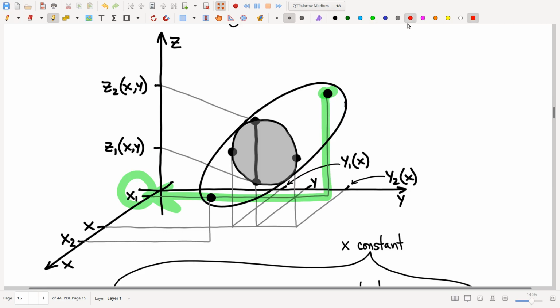And where's my last slice? Well, as I'm doing these vertical slices perpendicular to the x-axis, there will be a last one, maybe there, and that will give me my x2. It's just like with double integrals, just three-dimensional instead of two-dimensional. Is that all cool? Okay. All right.